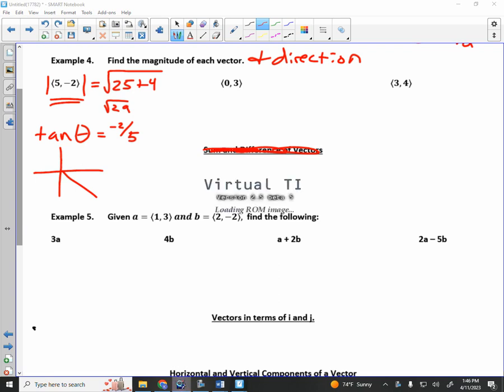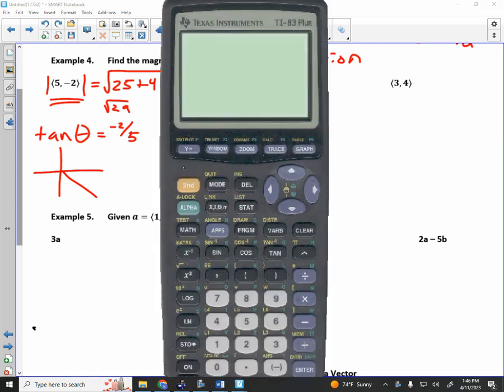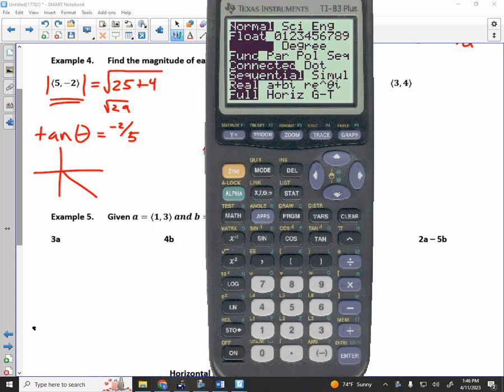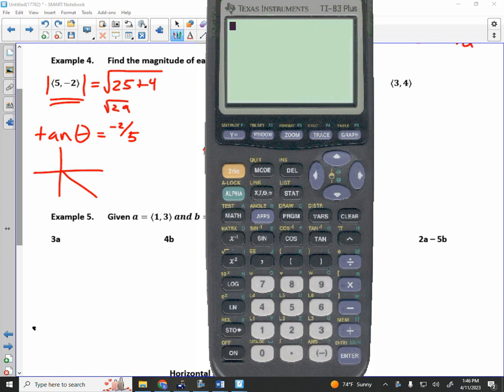I go to my calculator and I type in tangent inverse. I just came from calculus, so I was in radians. For vectors, you get to go back to working in degrees. It's only for your complex analysis stuff, chapter 7.6, that you were working in radians. So for the vectors, you go back to degrees, and we do tangent inverse of 2 divided by 5, and we come up with 21.8.